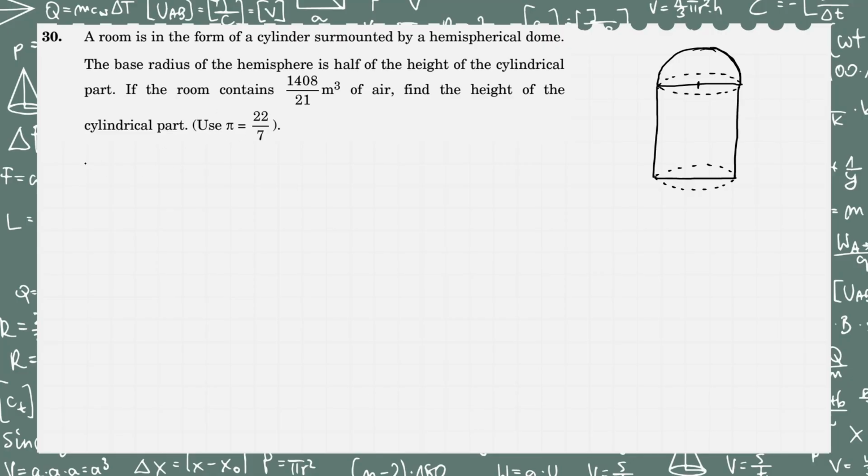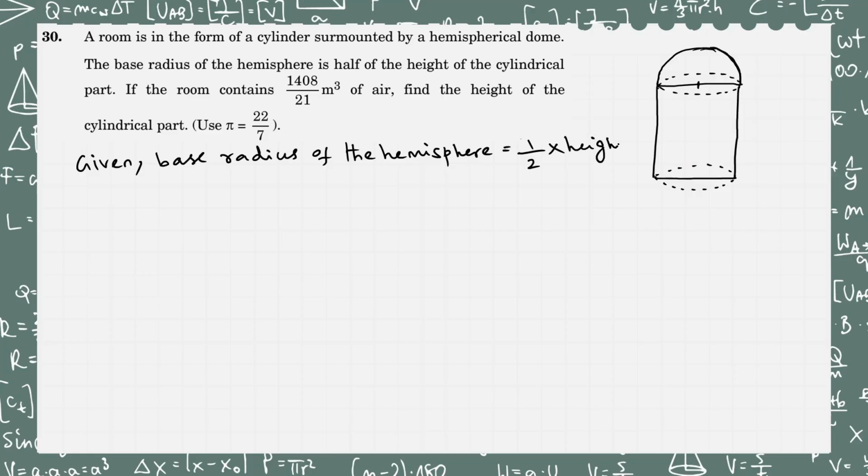Let us see. Given: base radius of the hemisphere equals half into height of the cylindrical part.